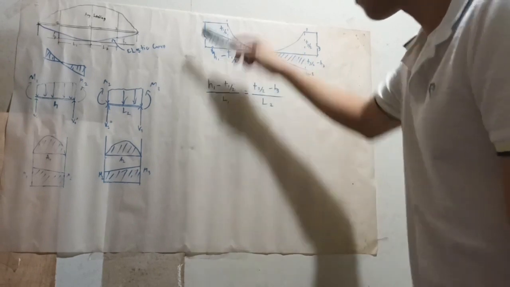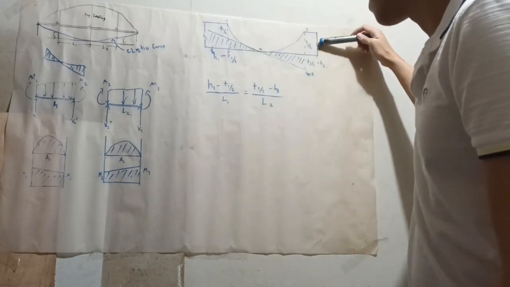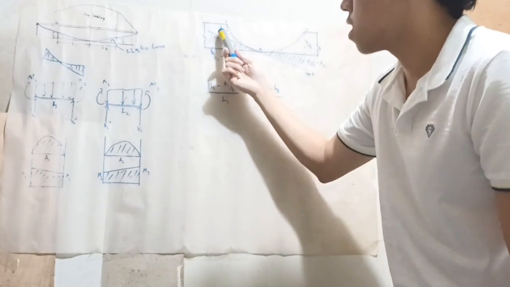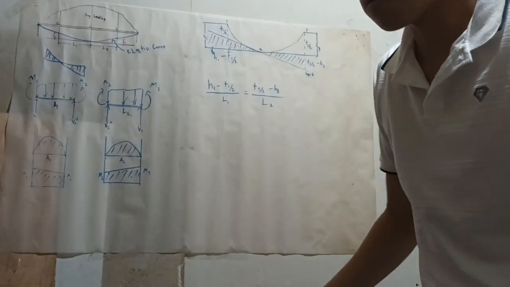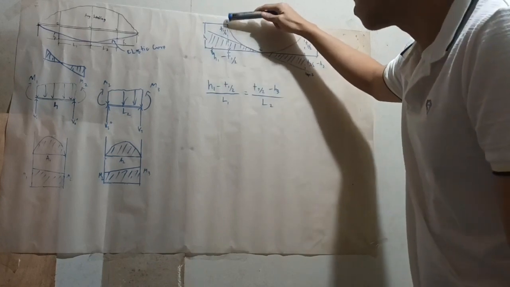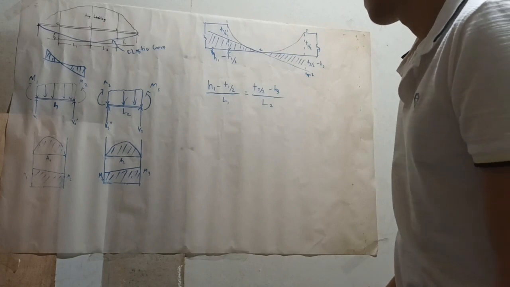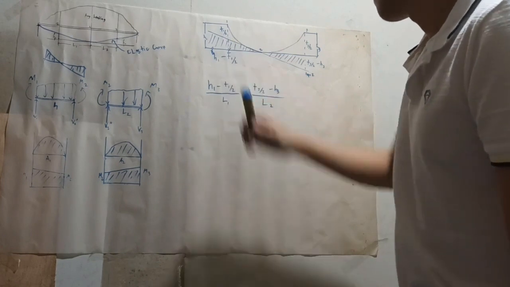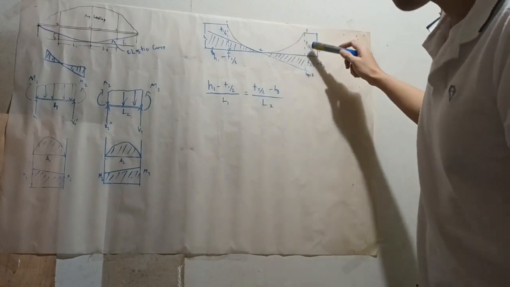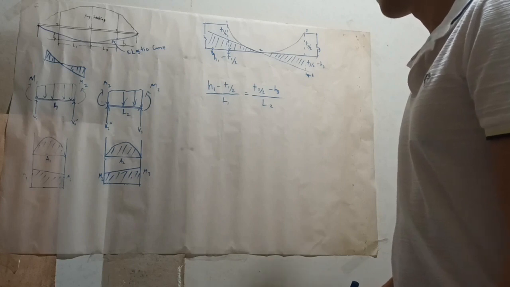So we also have H1, H3, and we get the deviation of 1 with respect to 2, from here to here, then the deviation of 3 with respect to 2.